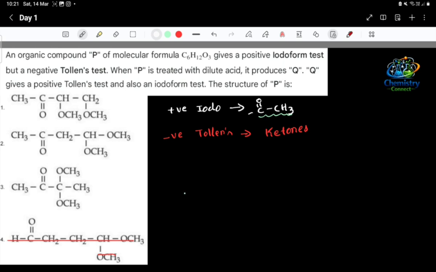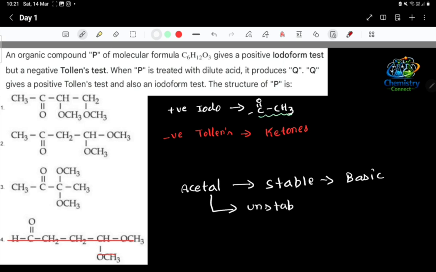Acetals, and even ketals, are stable in basic medium, but they are unstable in acidic medium.